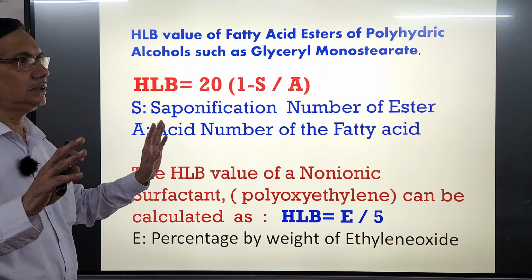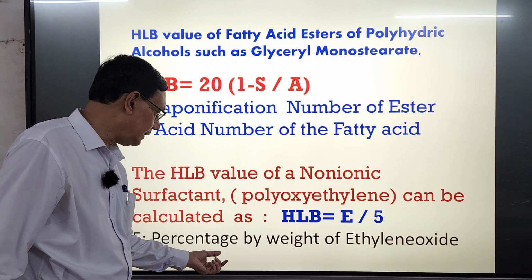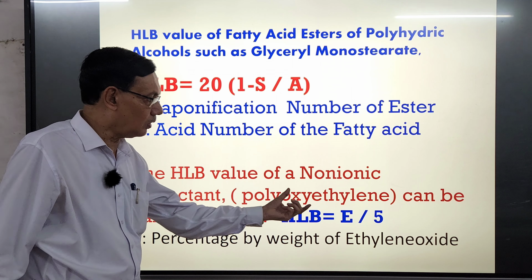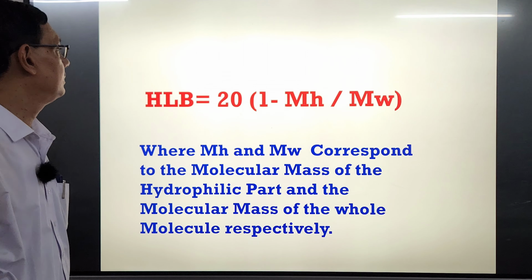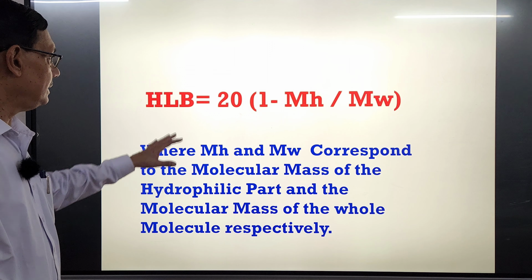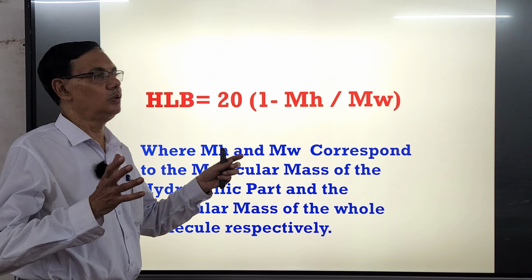As I told you, these are all empirical scales. And this E is the percentage by weight of ethylene oxide. In some literature, the HLB value can be calculated with the help of molecular mass.